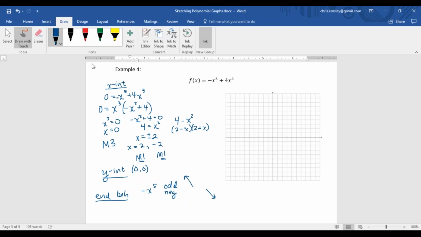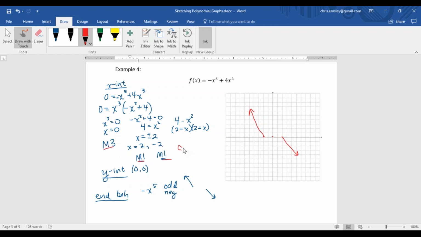So let's put all our pieces together and draw our graph. Start with those x-intercepts. We have one at 0, one at positive 2, and one at negative 2. Our end behavior tells us that it needs to be up on the left and down on the right. And we know that multiplicity 3, multiplicity 1, those are all odd numbers.